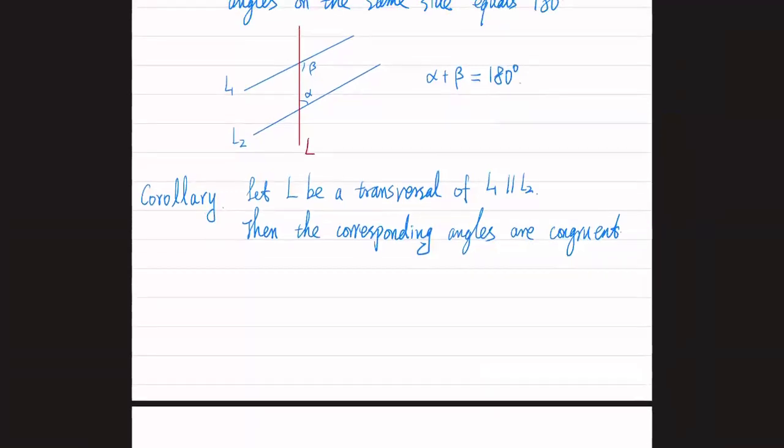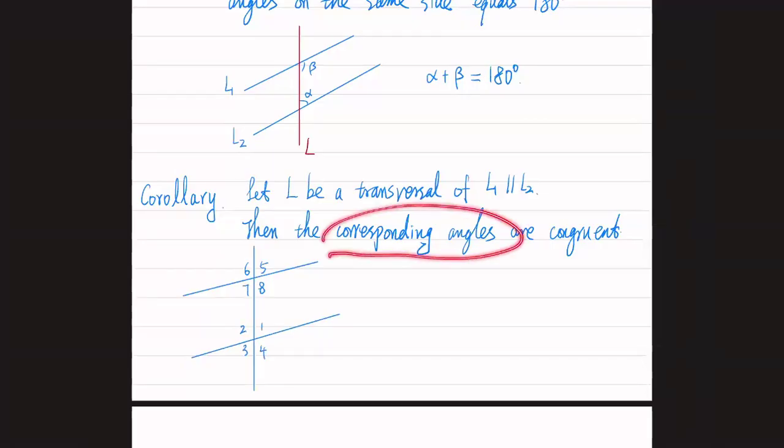Okay, now is a good time to review this notation. What are corresponding angles? Redraw the picture and label this 1, 2, 3, 4. Okay, Amy, what are corresponding angles? Like 5 and 1 would be a corresponding angle.